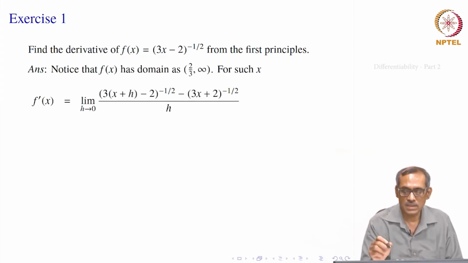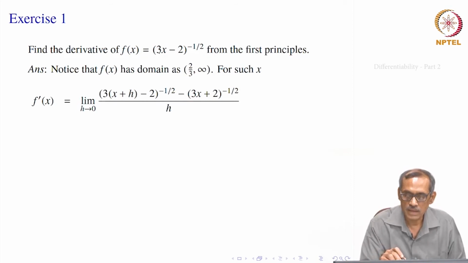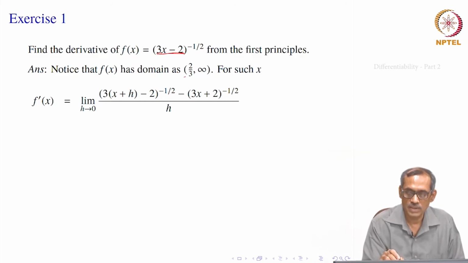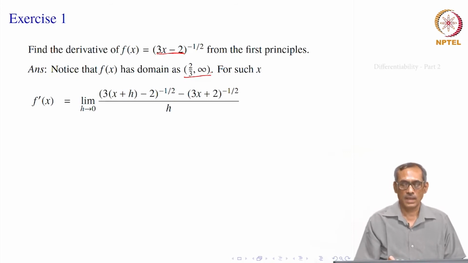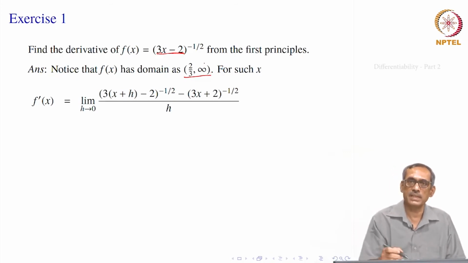So, now what is its domain? 3x minus 2 to the power minus half: at x equal to 2 by 3 it is not defined, and if x is smaller than 2 by 3 then it becomes negative. Negative to the power minus half is not meaningful. So, its domain is 2 by 3 to infinity, open interval. So, you choose any x between this, that is an interior point of this. So, you have to get the limit.